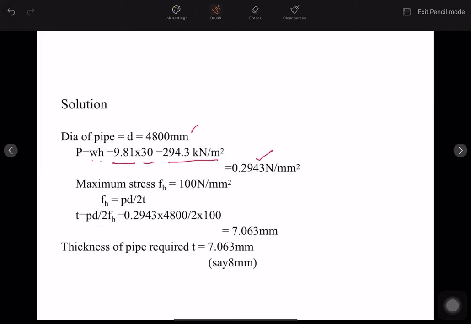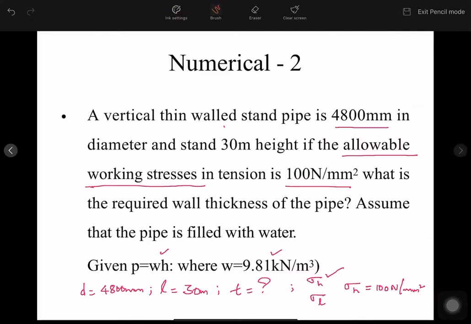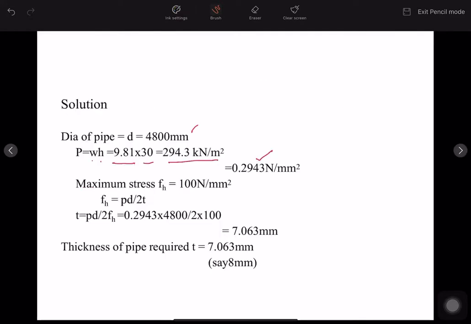Now the allowable working stress, maximum stress sigma H equals 100. So sigma H equals Pd by 2t, and from here it is similar to the previous problem. Small t we need to calculate. We got 7.063 mm as thickness.